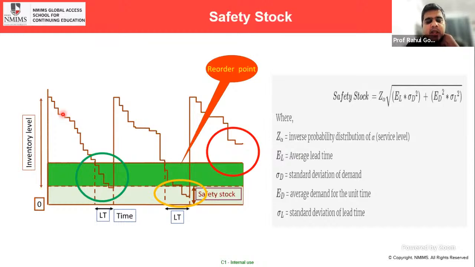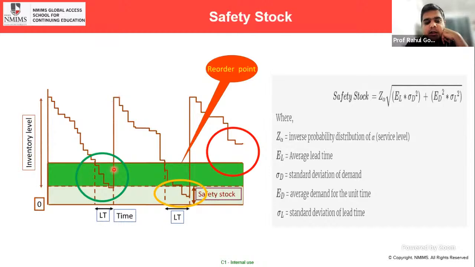So inventory is getting depleted, and now you have come to this level. Now at this point you have got the stocks from the seller or supplier or vendor, so your inventory levels are back to a certain point.